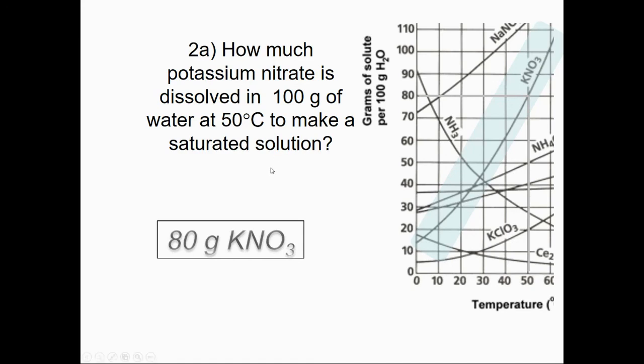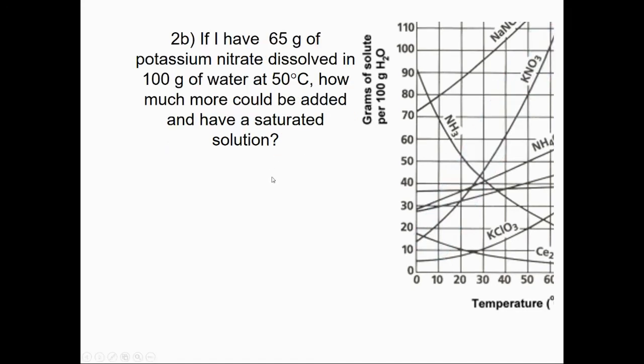The next problem says I have 65 grams of potassium nitrate, so we're still looking at potassium nitrate, dissolved in 100 grams of water at 50 degrees. So we're at 50 degrees and we have 65 grams, so we're looking at a dot right there.